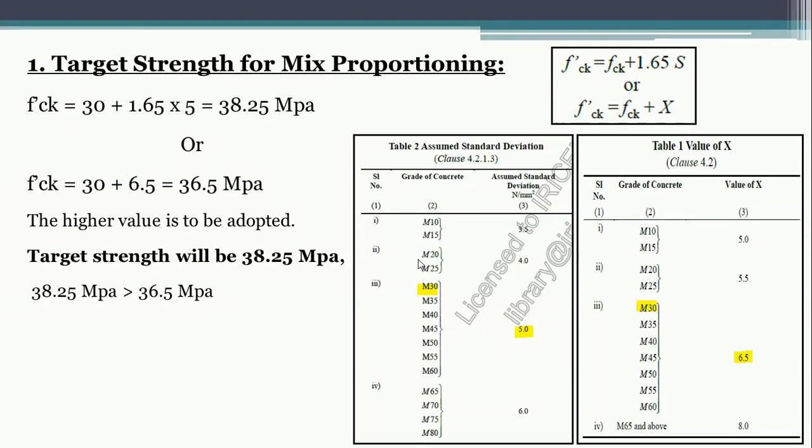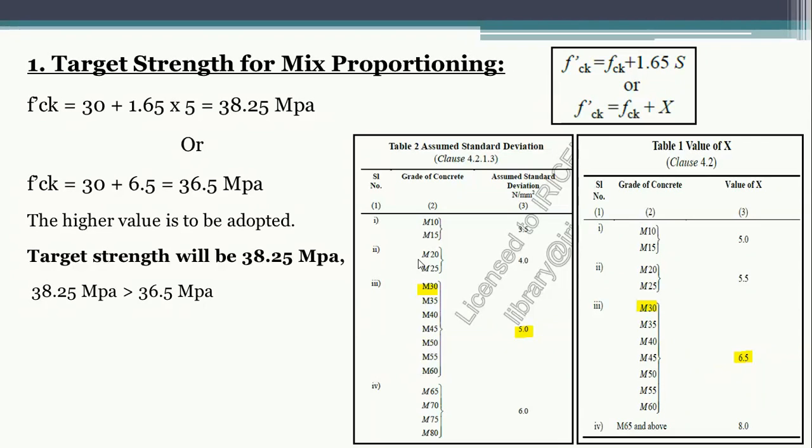I am repeating this for every problem so that you should not forget. When you cast the concrete based on the mix proportion that will be obtained at the last, and calculate the strength after curing for 28 days, the strength should be in the range of 30 to 38.25.